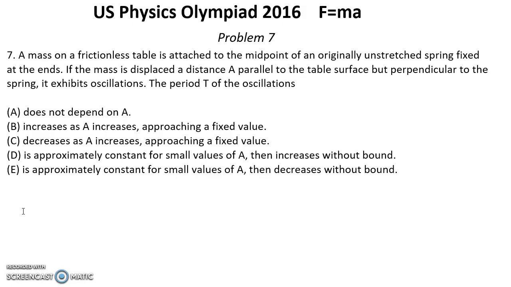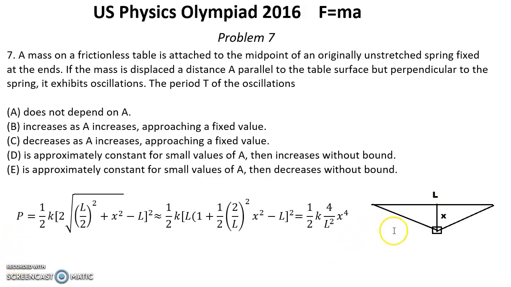For big displacement, our potential behaves quadratically with displacement. It means that for big amplitude, the period approaches a constant fixed value. But for small displacements, we can estimate the potential. If this is the picture, we can calculate the potential like this, and approximately for small x, it behaves like x to the power 4.